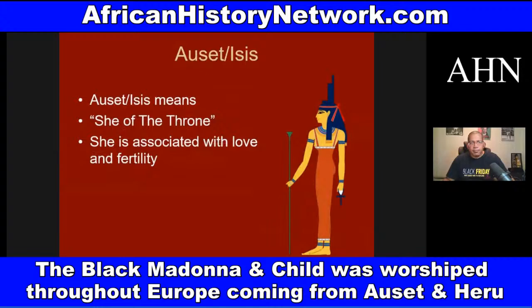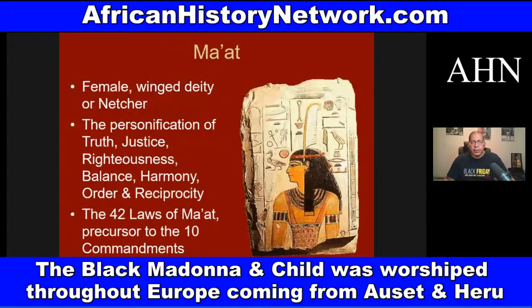When you look at Auset, she was associated with love and fertility. Ma'at was the personification of truth, justice, righteousness, balance, harmony, order, and reciprocity. And you deal with the 42 laws of Ma'at, or the 42 negative confessions, which are a precursor to the 10 commandments.